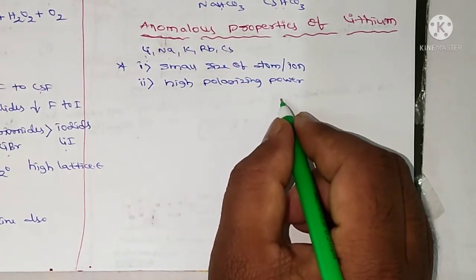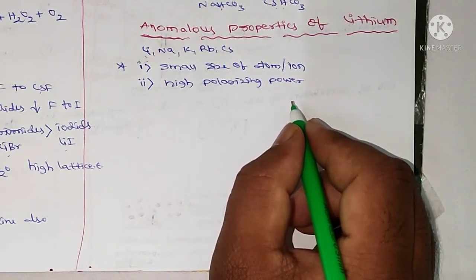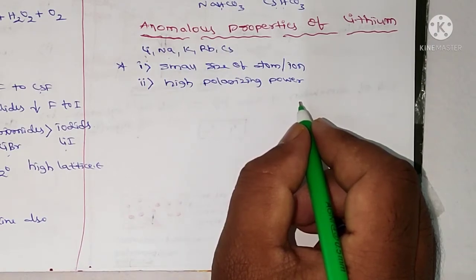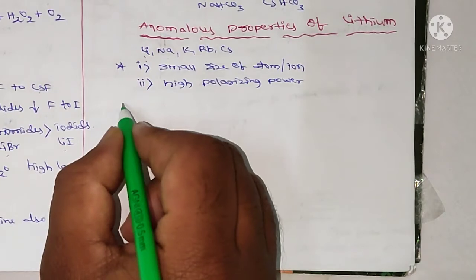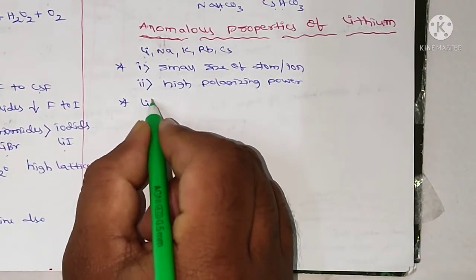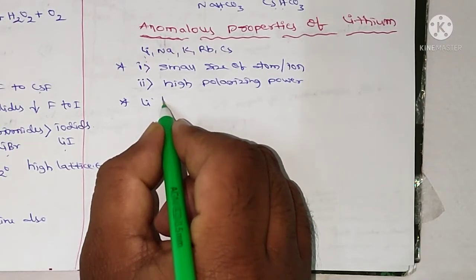Already we discussed in reactivity towards halogens that lithium halides have somewhat covalent character, and the remaining halides, from sodium to cesium, have ionic character. Lithium is much harder.